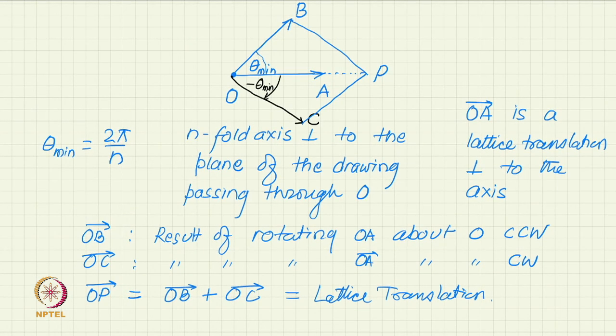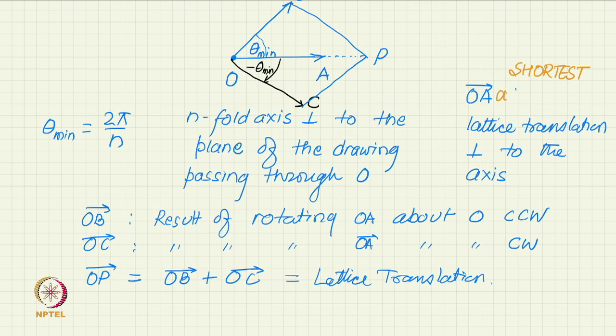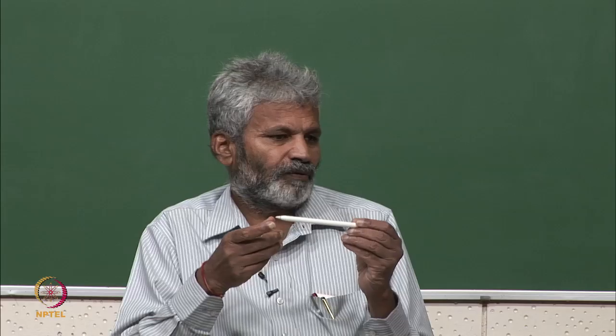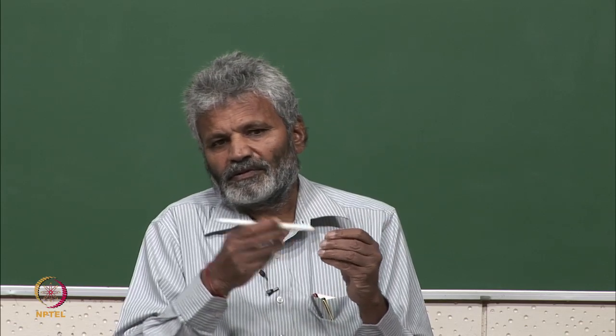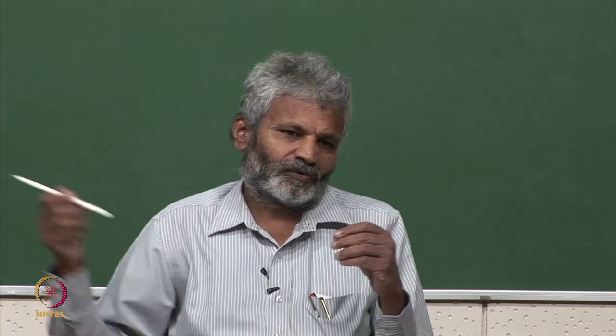Now, we had not made one assumption, let us make one extra assumption that OA is the shortest lattice translation. If you have a lattice translation perpendicular to any given axis, multiples of those lattice translations will also be lattice translations.